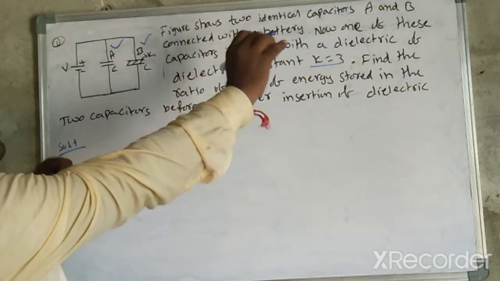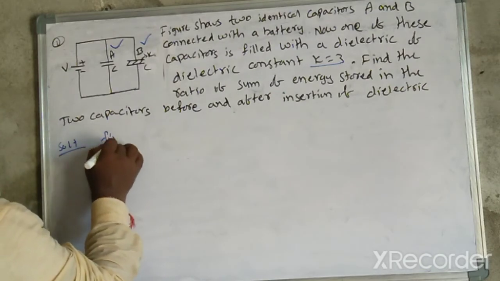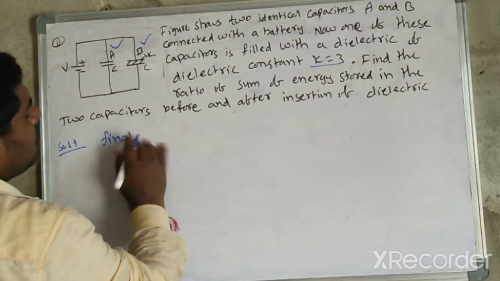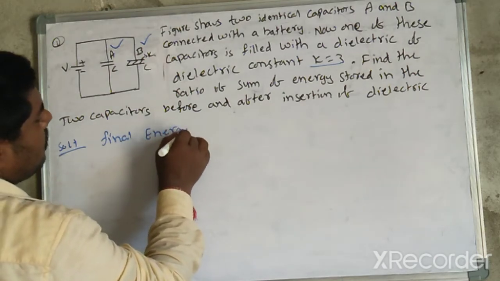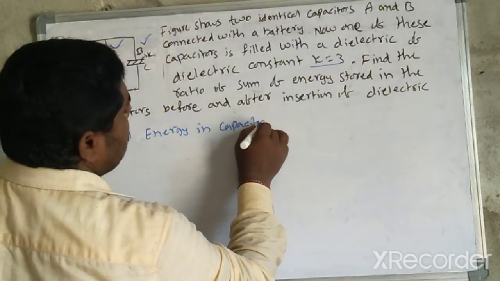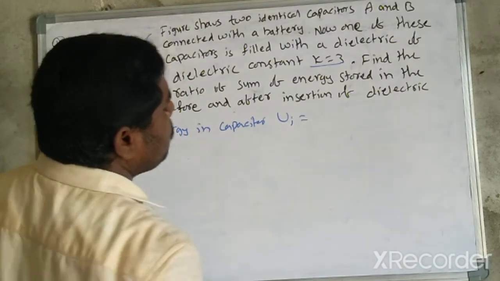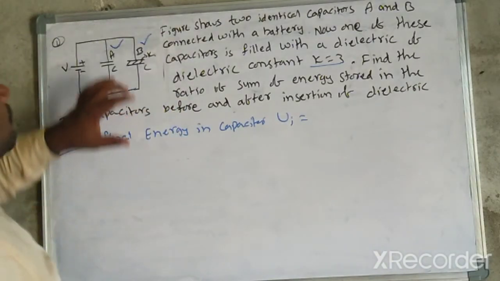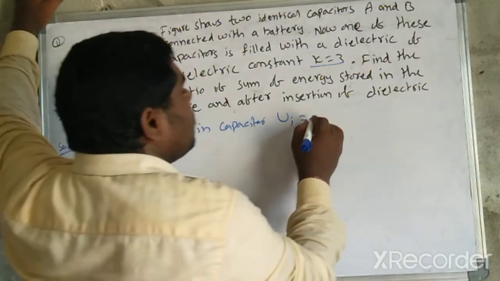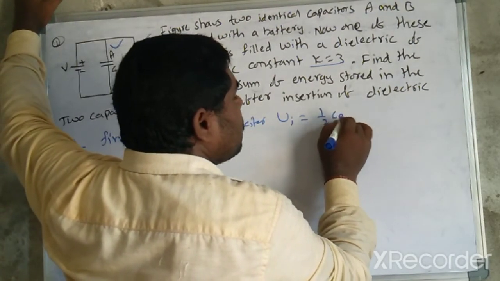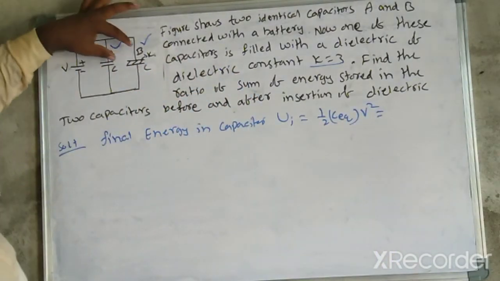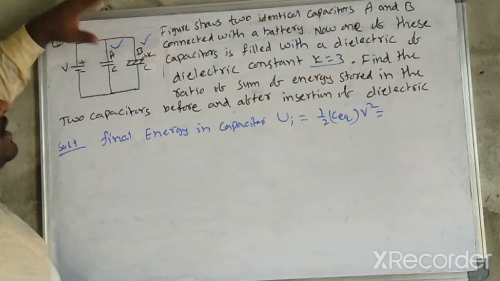The initial energy U_i before insertion of the dielectric is 1 by 2 C equivalent V square. For C equivalent, identify whether the capacitors are in series or parallel.